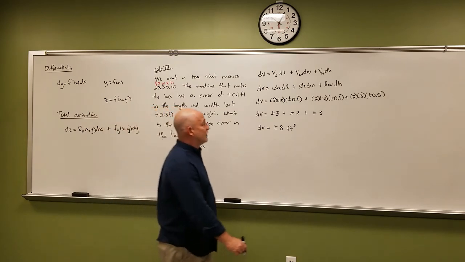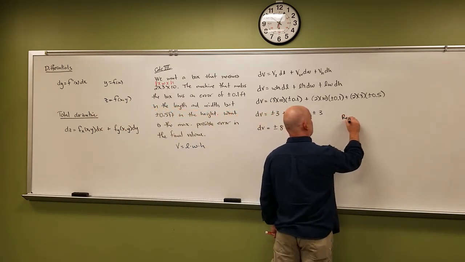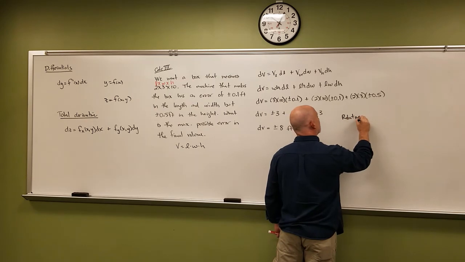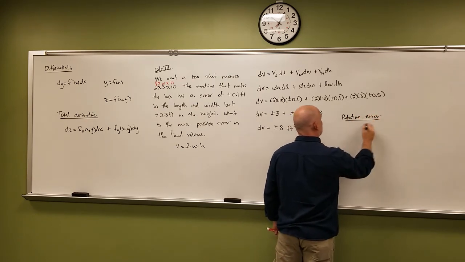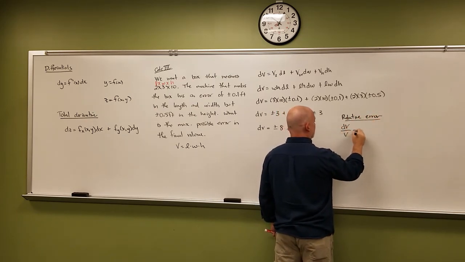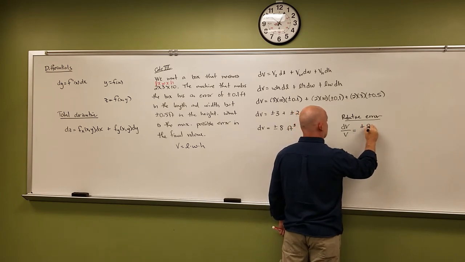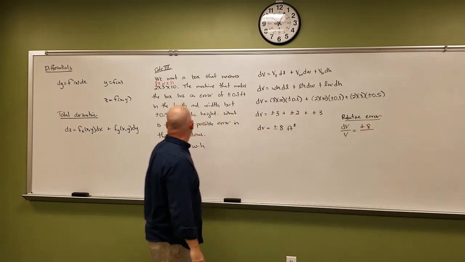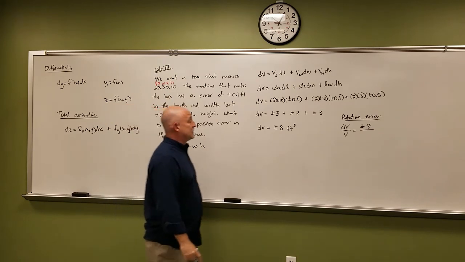So the relative error, I'm going to stick this right here, in this case would be dV over V. This would be plus or minus 8 over the actual volume, again, supposed to be 60.